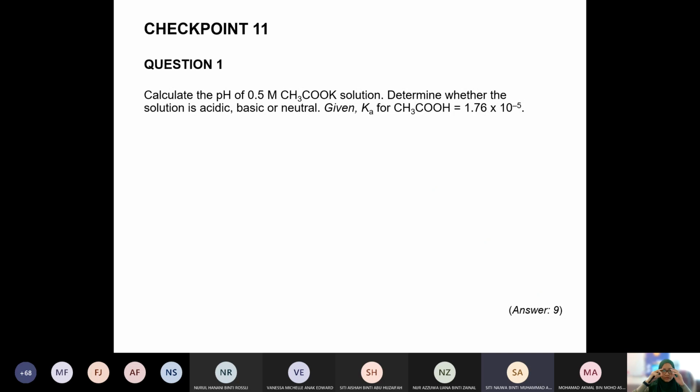Calculate the pH of 0.5 molar CH3COOK solution. So this is a salt. If you could predict, this is the salt produced from the reaction of CH3COOH plus KOH.